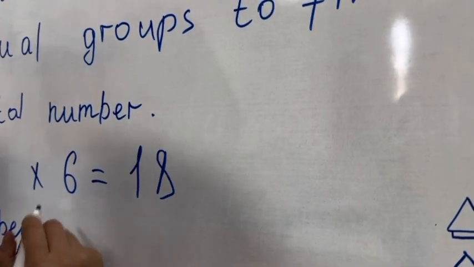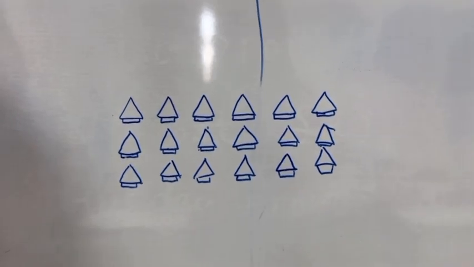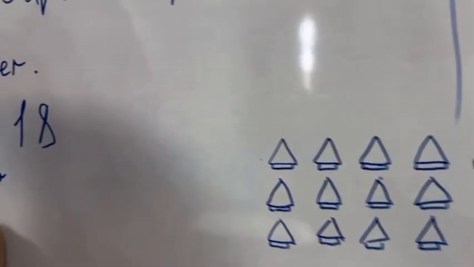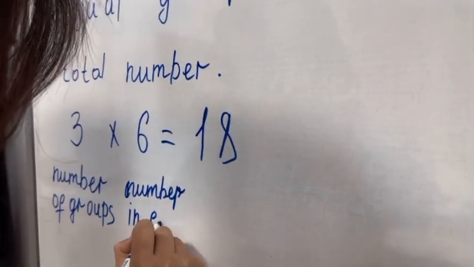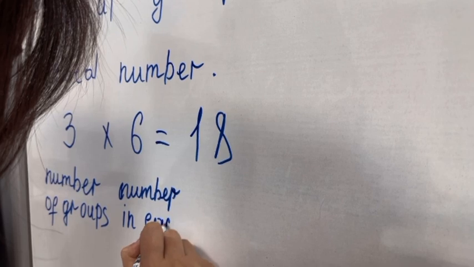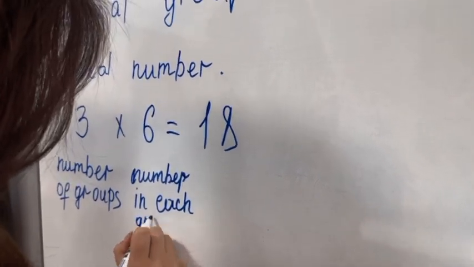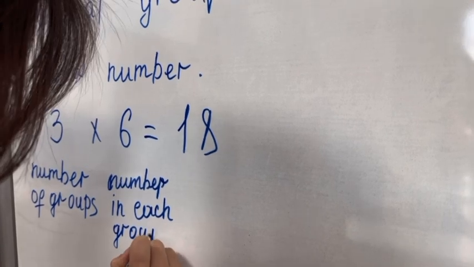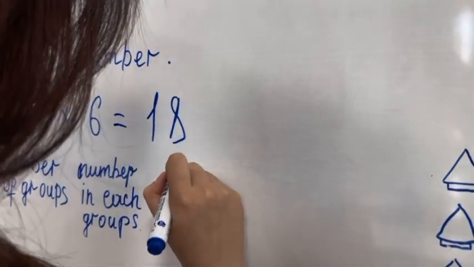Six is number in each group. And 18 is total number.